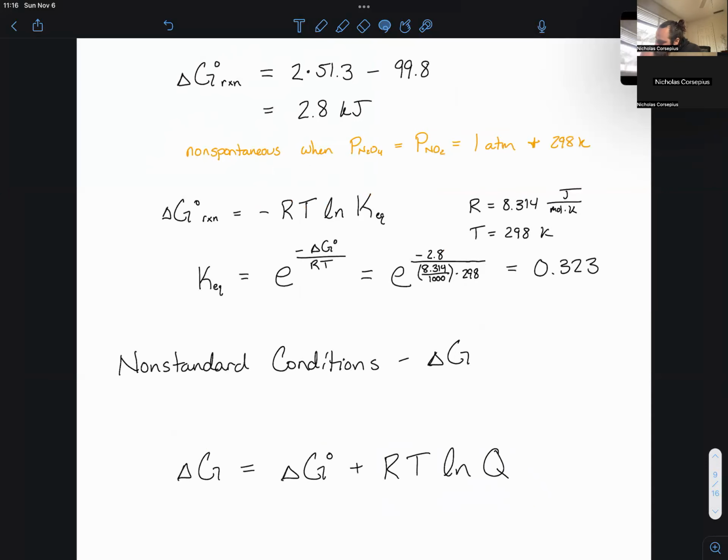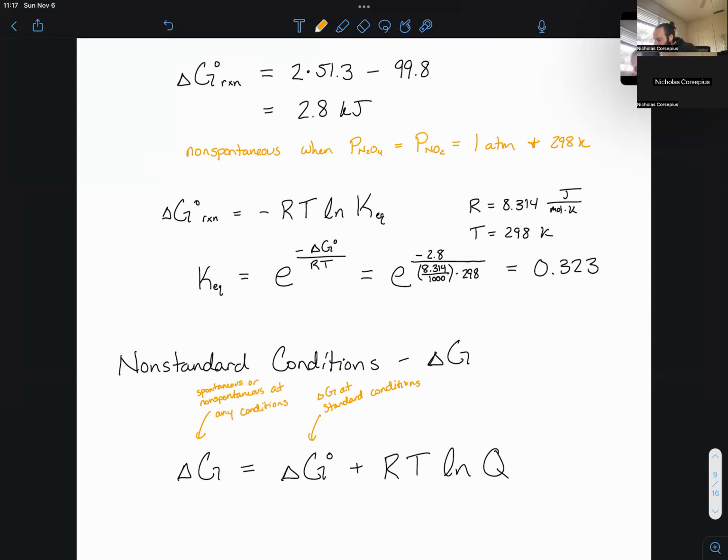Let's pick this apart. This is the delta G at standard conditions. Right, so it would tell me spontaneous or non-spontaneous at that very specific set of conditions. This one right here will tell me if it's spontaneous or non-spontaneous at any conditions, so non-standard conditions.